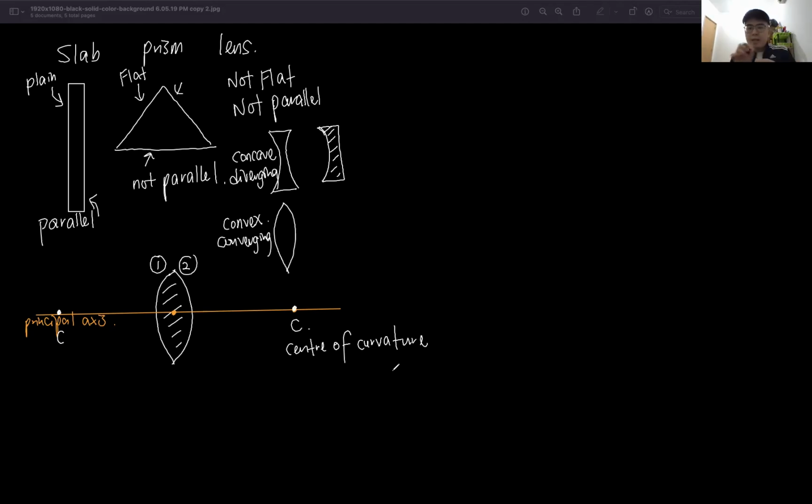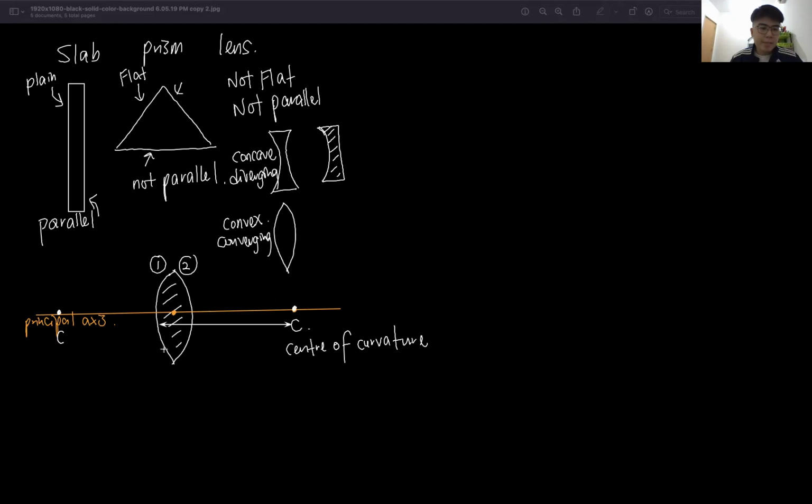Now, if you measure from the center to the lens, that is the radius, correct? Measured from this center to this point, to the center of the lens. So somewhere, by right, it should be here, right? Because it is this surface. Because the lens is very thin, I would just assume that the center line is at the middle.